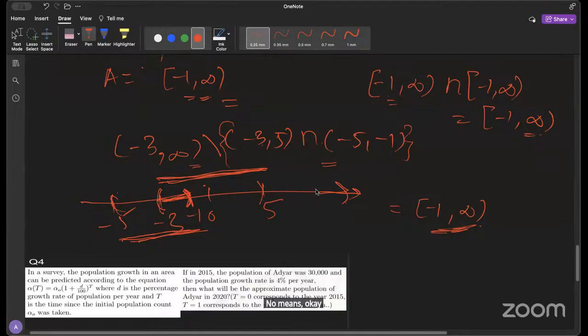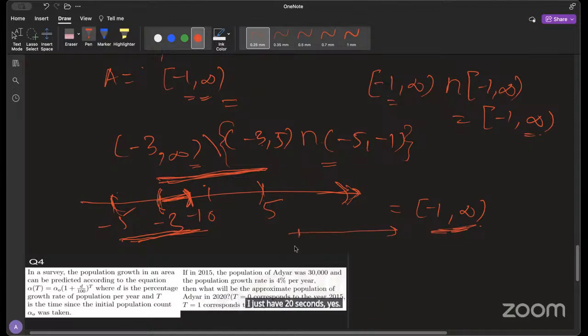The intersection part I could understand, but how the whole set is becoming equal to -1 to infinity, that I cannot get. Okay, this is the set -3 to infinity, right? It just keeps extending, never ends. And then the intersection is -3 to -1, right? Did you get it or should I explain?